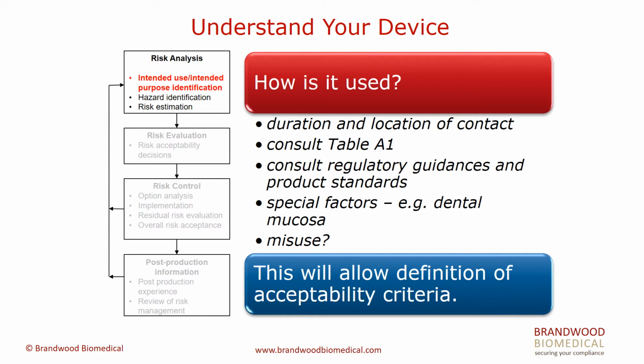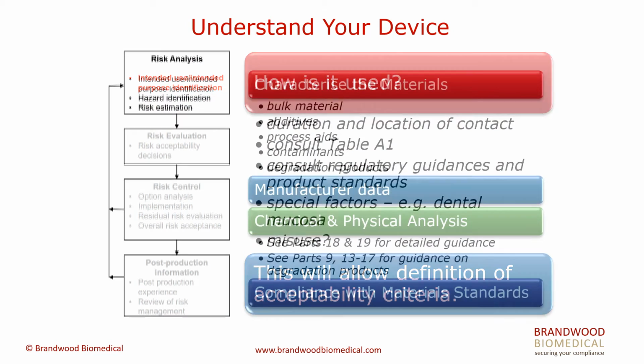And think about special factors. For example, is your product exposed to the dental mucosa, in which case you might choose to use the specific dental mucosal test methods rather than the more general mucosal test methods. And also think about potential misuse where it may affect biological safety. All of this allows you to define acceptability criteria for your risk management.